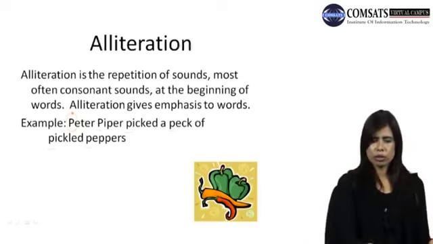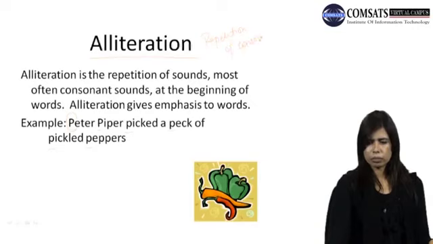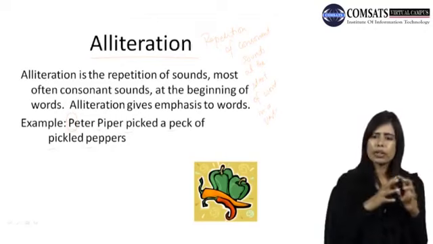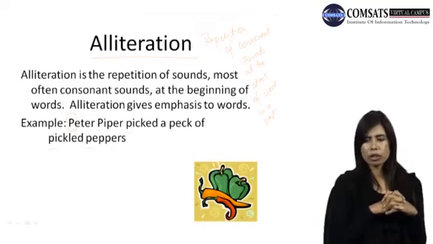So my dear students, what you have to keep in mind when we talk about alliteration is that alliteration is known as the repetition of consonant sounds at the start of words in a verse.